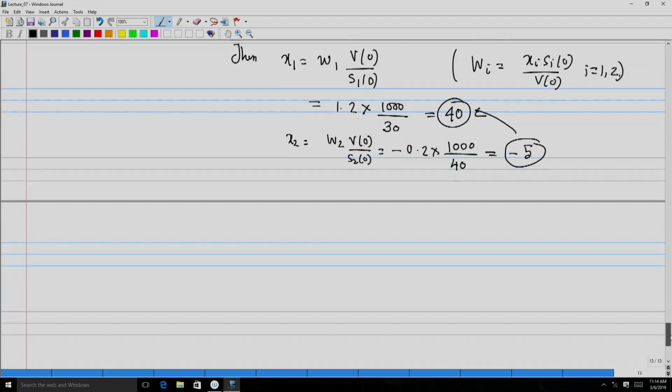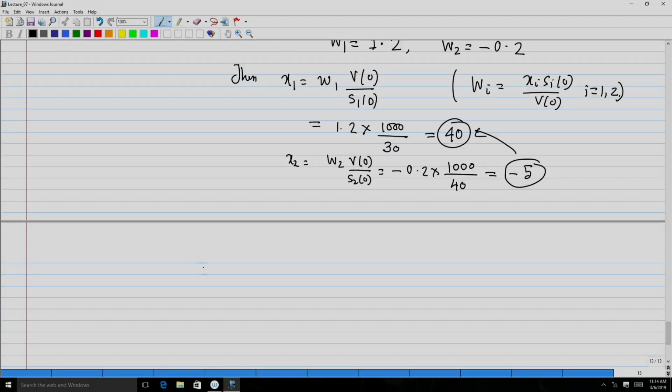Okay, now what you do next is that when the stock prices change to S1 of t equal to 35 and S2 of t equal to 39 as before, remember we are revisiting the example, then what is going to be the value of the portfolio?